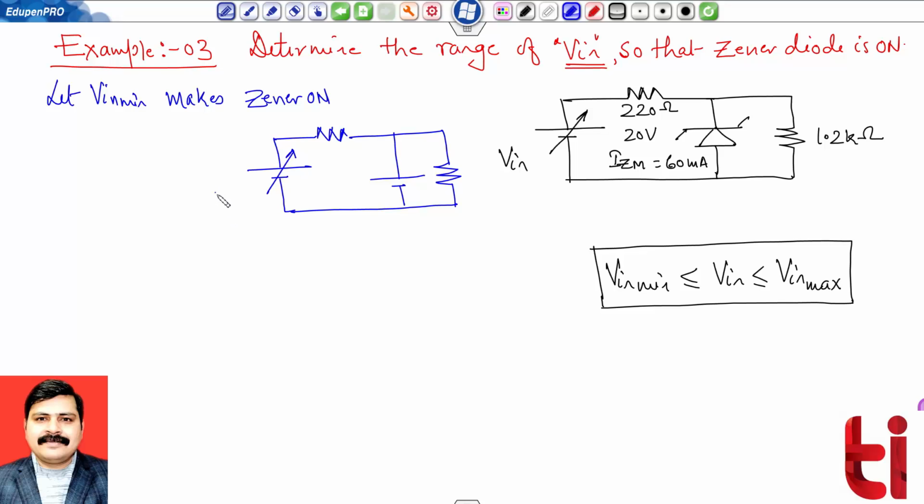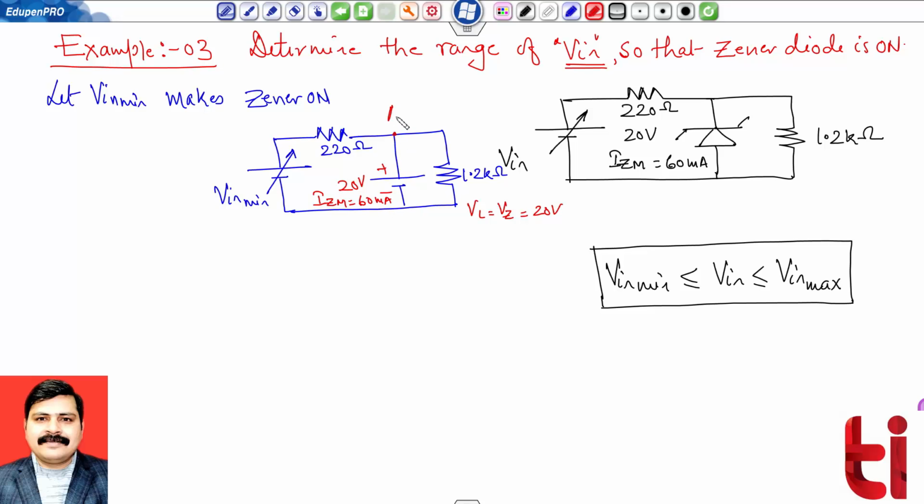So I am writing from Vin min as I have to start with this. 220 ohm, 1.2 kilo ohm. The interesting part here is VL will be equal to VZ, and that is equal to 20 volts, as this is 20 volt given. IZM is given as 60 milliampere.